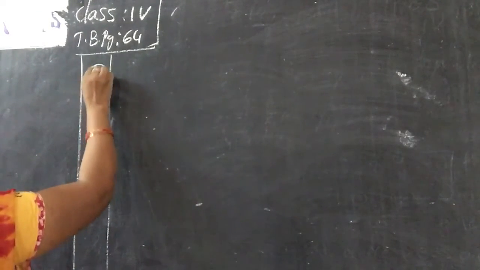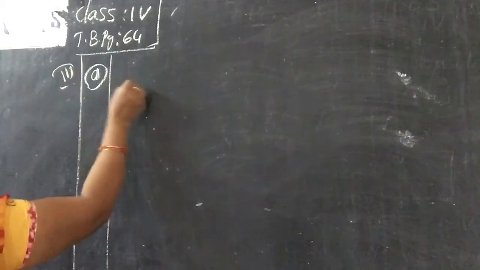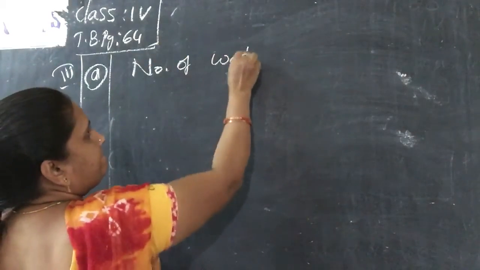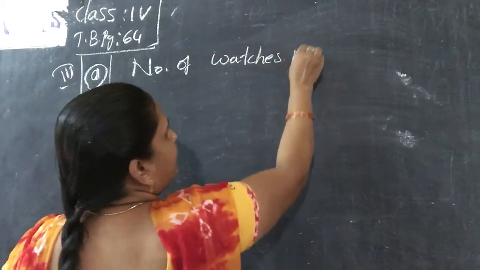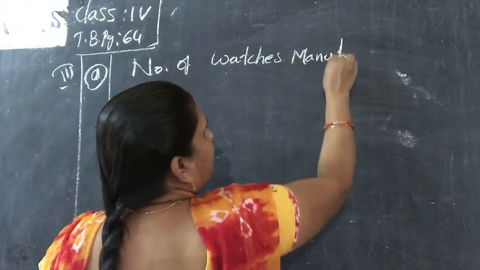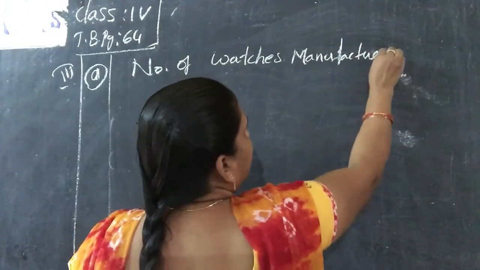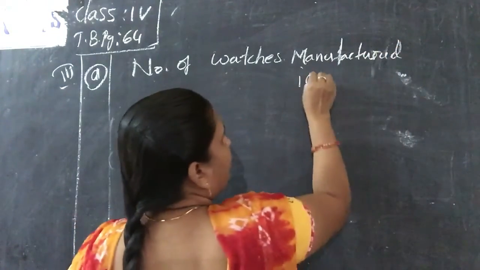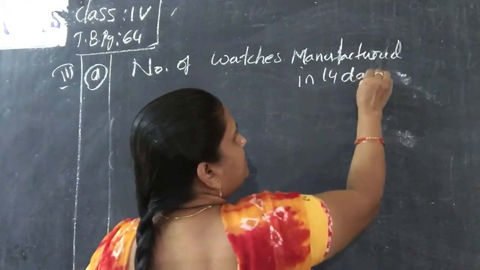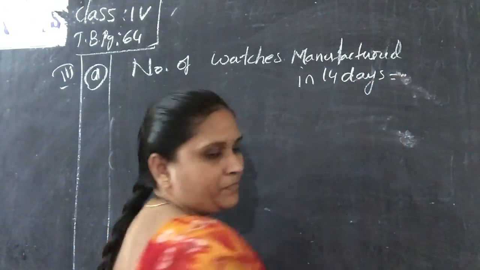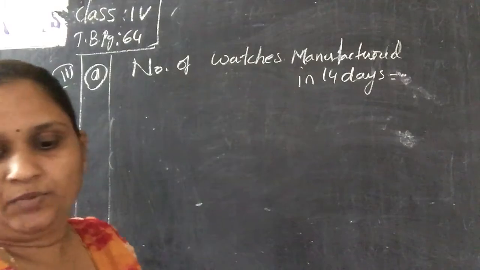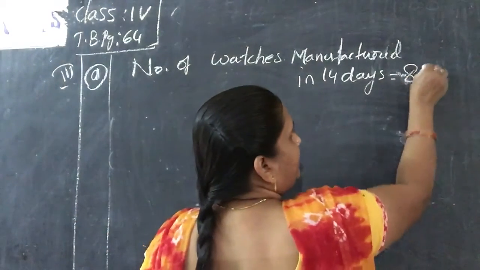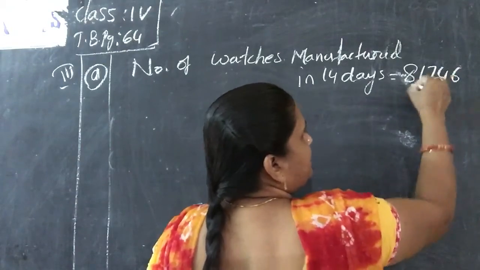Read, think and solve. Section 3, first one. Number of watches manufactured in 14 days is equal to how many? 81,746.